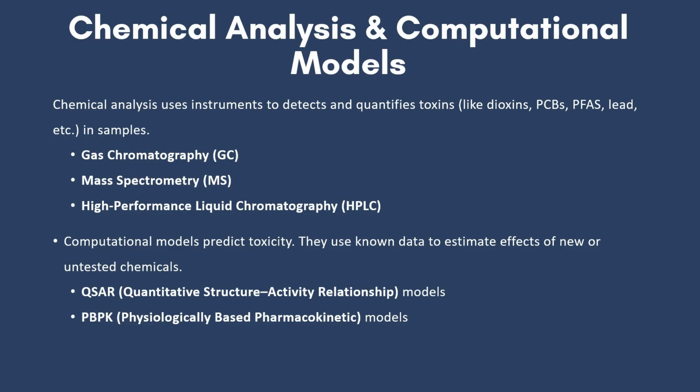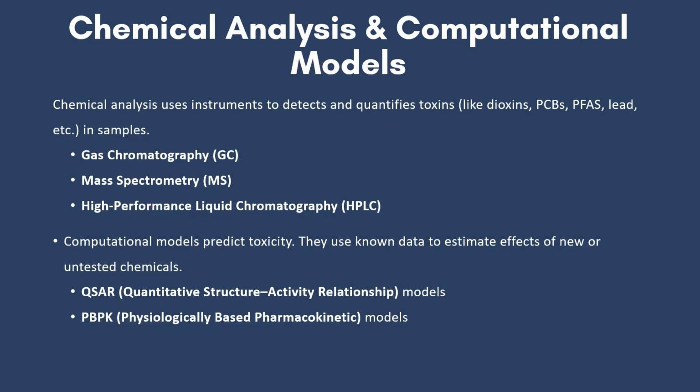We also have computational models. This uses known data to estimate the effects of these untested chemicals. So we can use things like quantitative structure activity relationship models or physiological based pharmacokinetic models.